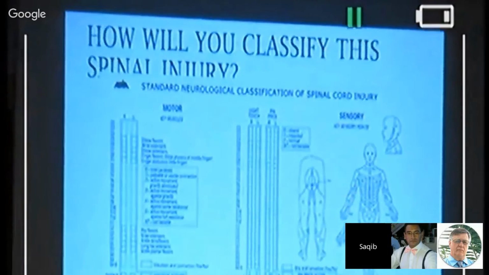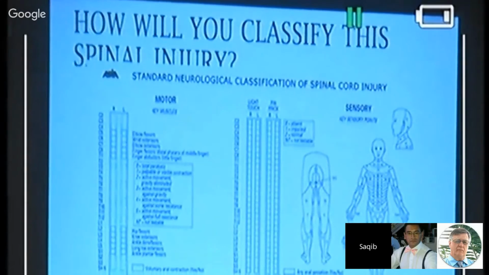Now, if this patient had a complete paraplegia, what score would you give on the ASIA motor scoring system? How many points would you give this patient out of 100? This patient has a complete motor paraplegia, zero power in both legs.